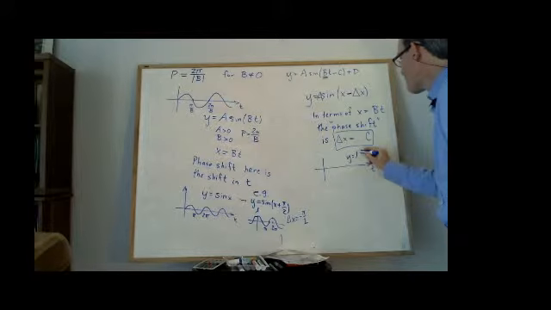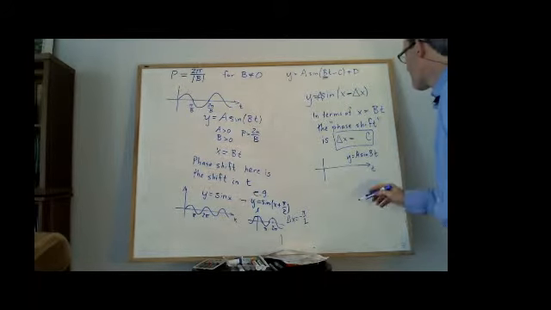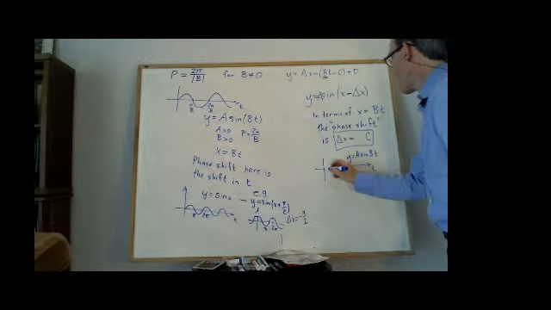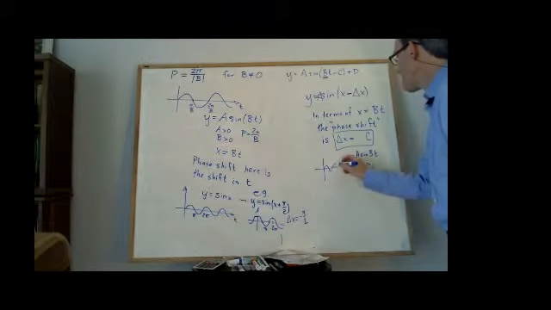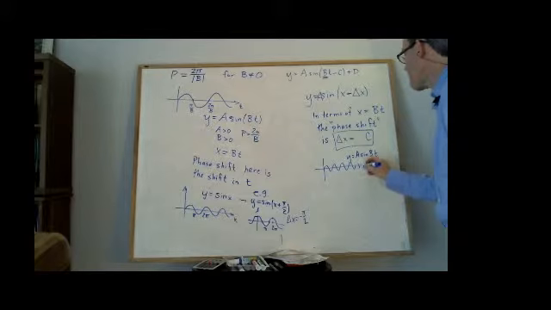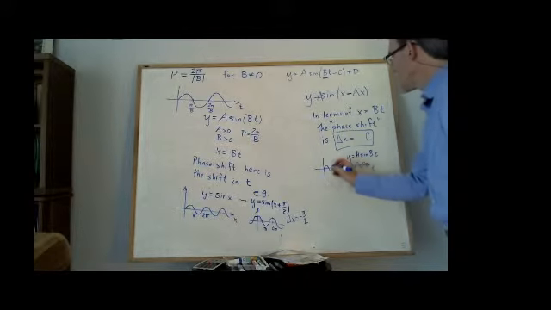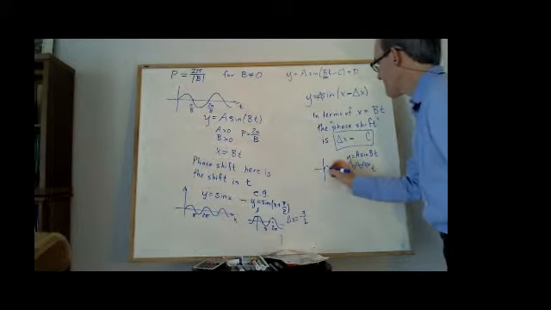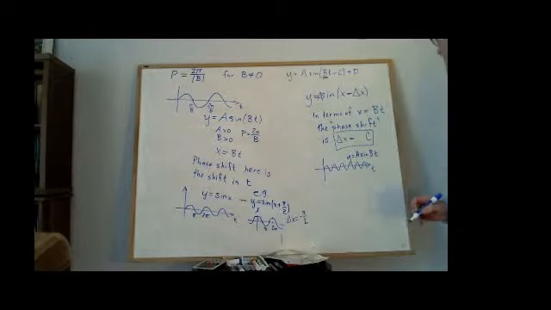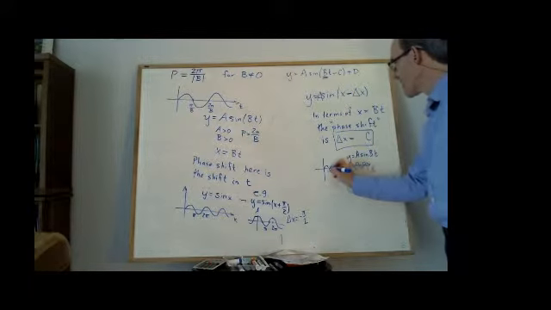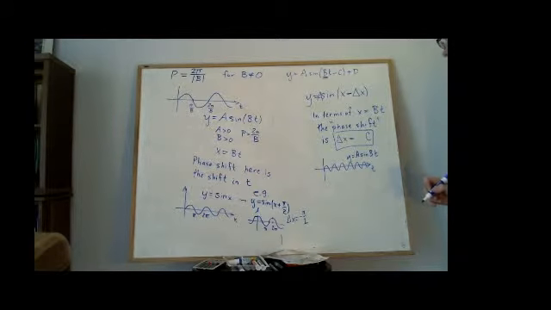Y is equal to a sine bt. It starts at 0 at t equals 0. It has a different frequency than before. So what does this have to be shifted by so that I delay it by a few seconds?